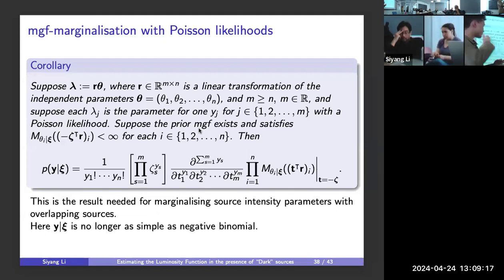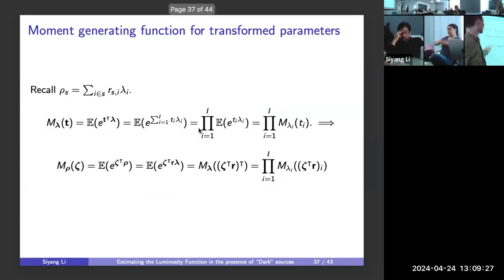However, there's no easy check this time, because now we are looking at the moment generating function for the transformed source intensity parameters, which has some very complicated and unknown distribution.